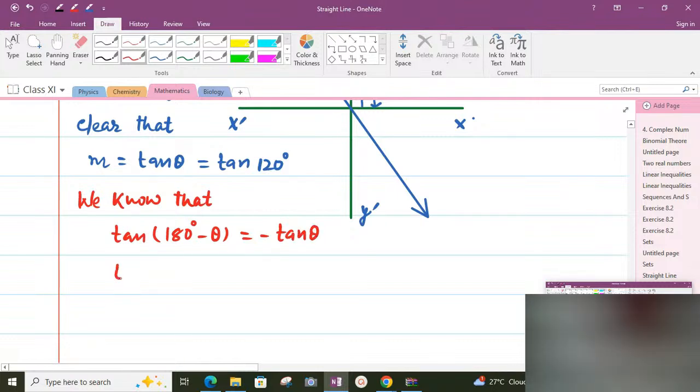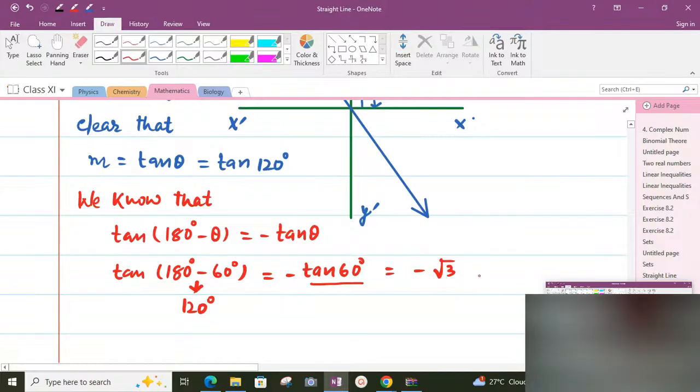Therefore tan 120 degree is tan of 180 degree minus 60 degree, which equals minus tan 60 degree, and the value of tan 60 degree is root 3. So the slope of this line will be minus root 3.